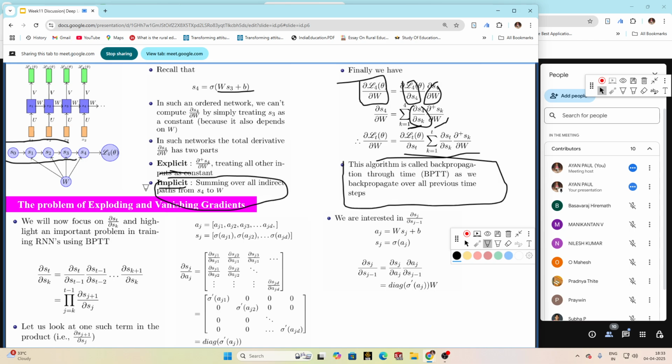That is why the formula looks like this. If we open up del s4, here we are showing only 4 time steps, but in reality there will be many more, so the differentiation will be very big, taking all the states.